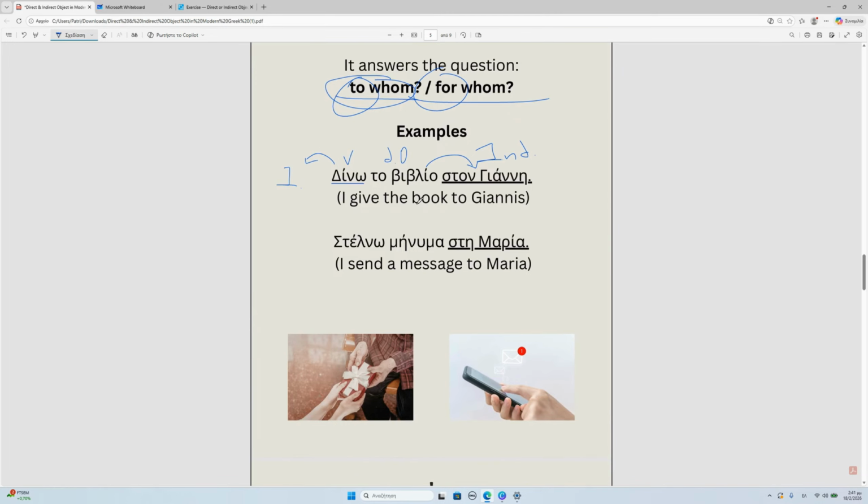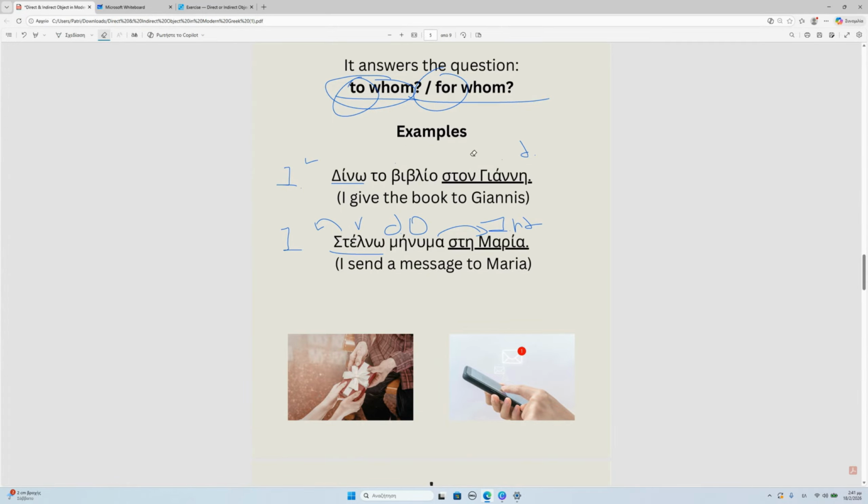Then, στέλνω μήνυμα στη Μαρία. I send a message to Maria. Στέλνω, the verb. Who is doing this? I. What am I sending? A message. To whom do I send? Στη Maria. This is the indirect object. And remember, as we said earlier, it is very, very important, my friends, to remember what is important and unimportant.